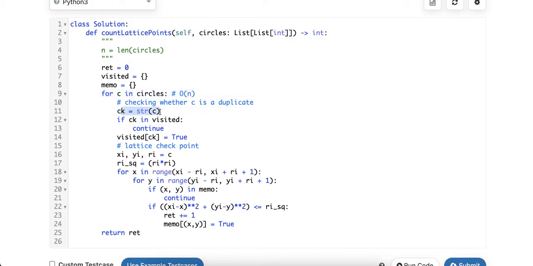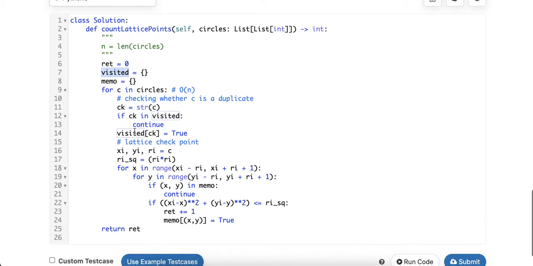Here, making a string is big O(1), checking in a hash map is big O(1). This one is initialization, big O(1), big O(1), big O(1), multiplication. Now this one is basically xi minus ri, xi plus ri.